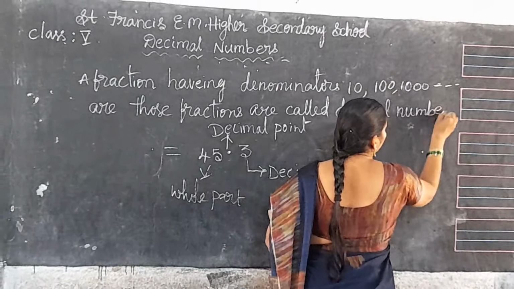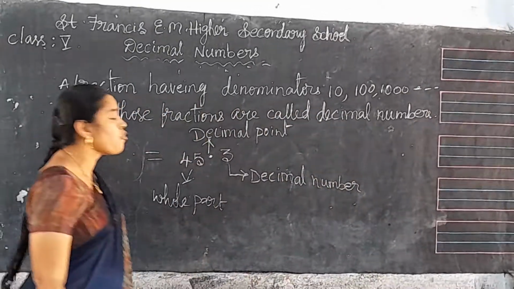This is the definition of a decimal number.